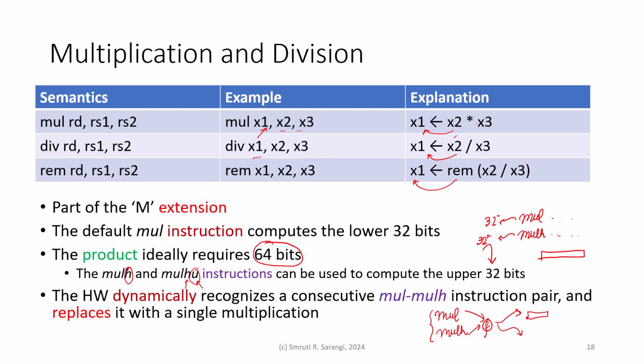The first one is the output of mul, the second is the output of mul-h. So in this way, only one multiplication will be done, but the entire 64 bits will be written in two registers. The first register will have the bottom 32 bits and the second register will have the top 32 bits. So this is one way of saving one multiplication, which is a reasonable amount of work given the time and power that is involved.